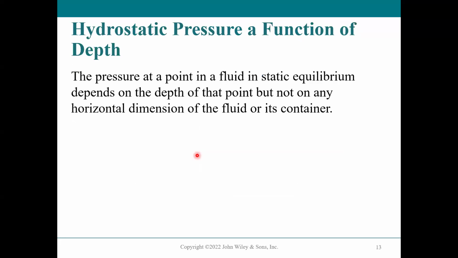So the hydrostatic pressure is a function of depth. The pressure at a point in a fluid in static equilibrium depends on the depth of the point, but not on any horizontal dimensions of the fluid or its container.